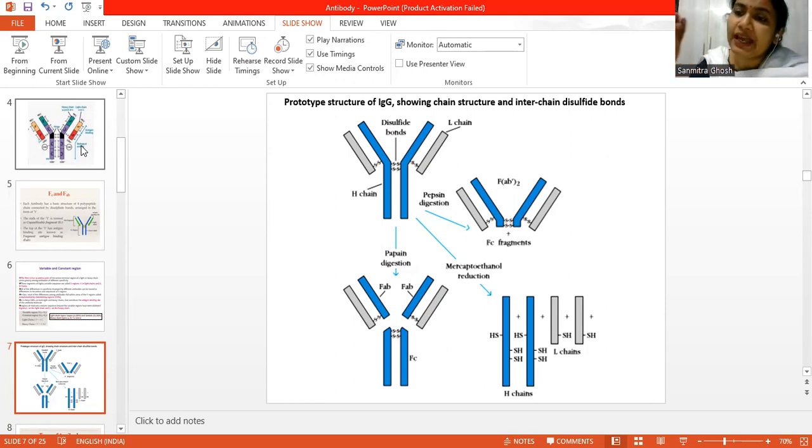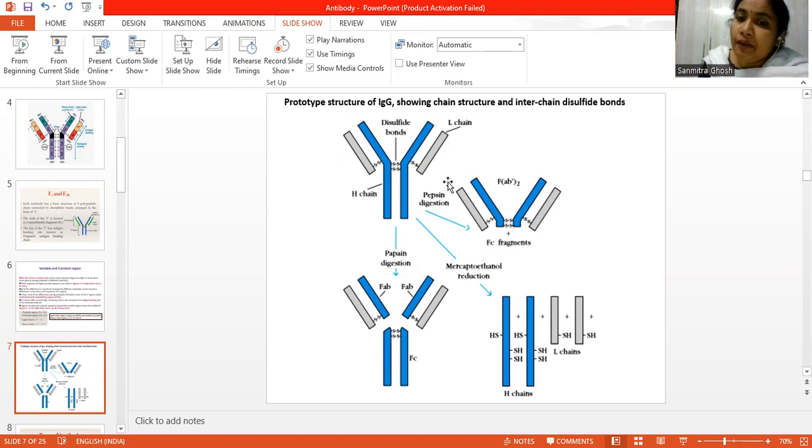Again, the same type of experimentation was done where papain was replaced by pepsin. And here, after the pepsin digestion, it was found that there was a band which is double in size, double in molecular weight than the 2 identical arms that we got after the papain digestion.